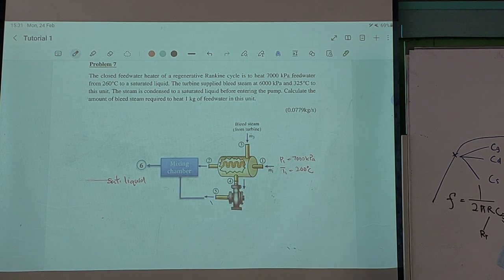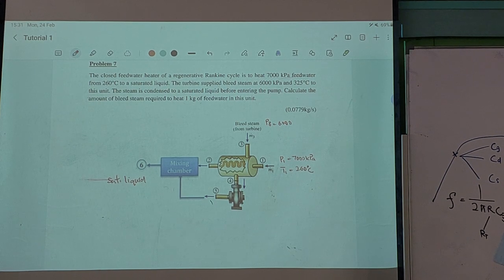The turbine supplied bleed steam at 6,000 kilopascal and 325 degrees Celsius. This one on the diagram is very obvious because it's written bleed steam from turbine. So P3 is 6,000 kilopascal, and T3 is 325 degrees Celsius.